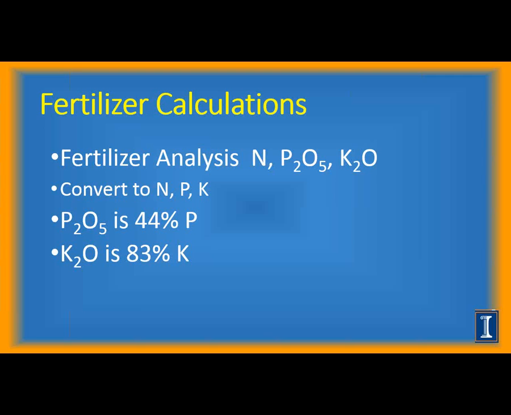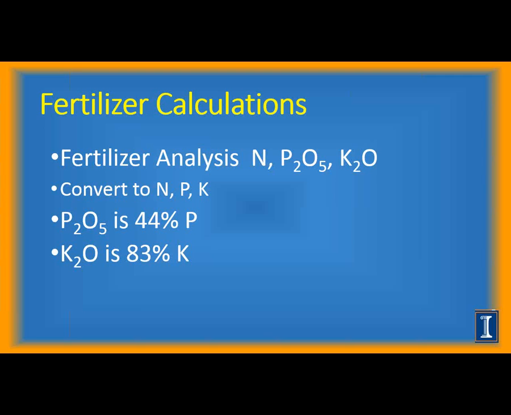All right, this one is actually almost cruel and unusual. And I always tell students in my class, if you're not going for valedictorian, put your head down and close your eyes for this particular discussion because it can mess up your mind a little bit. But here's the deal. Since the fertilizer analysis is N, P2O5, and K2O, and we've already said there's no P2O5 or K2O actually in the bag, if you were asked specifically to convert to elemental N, P, and K, you would do it thusly.